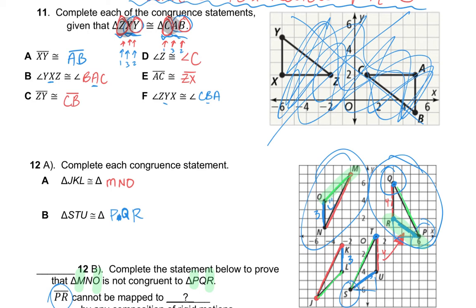You can tell that just by looking at them that PR is not the same as MO, and if they were congruent, they would have to be the same. So MO and PR, according to the statement, would have to be matching for the triangles to be congruent. But they're not. PR is not congruent to MO. Cool. Didn't mess that one up.